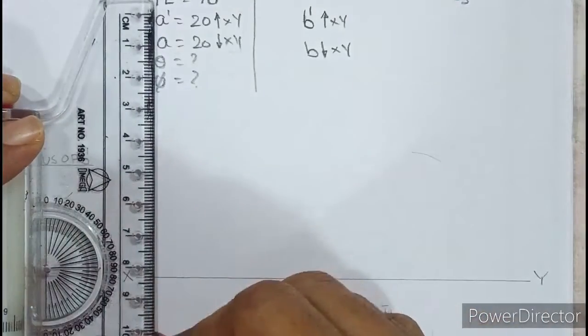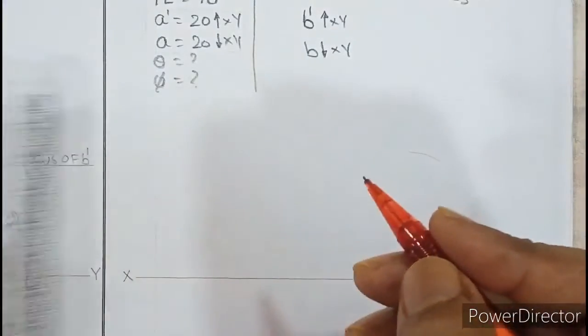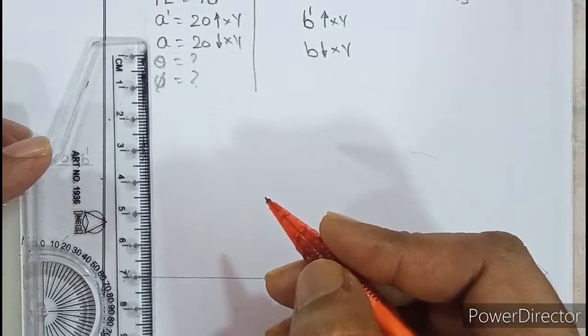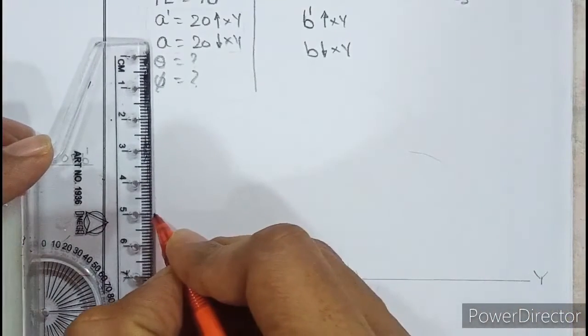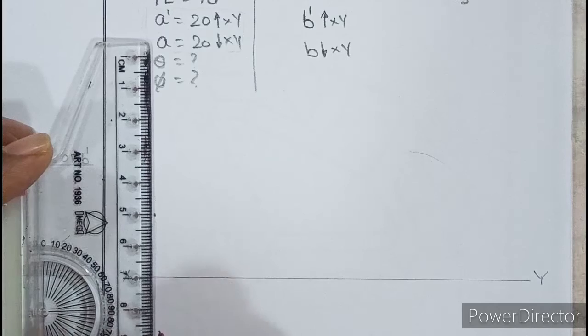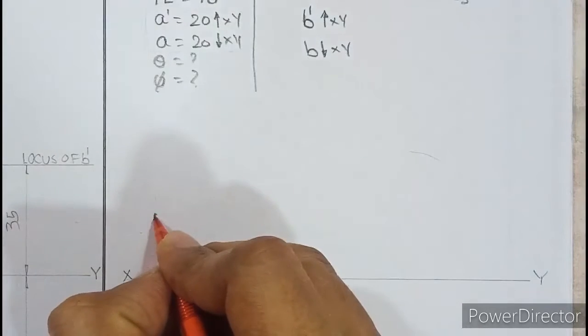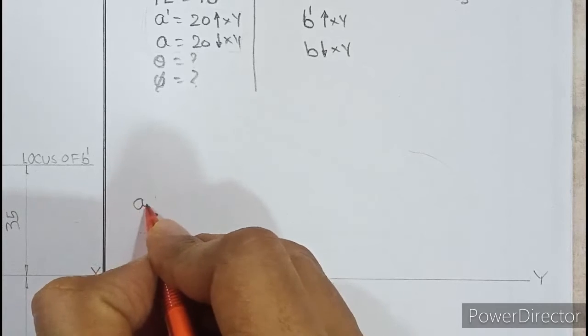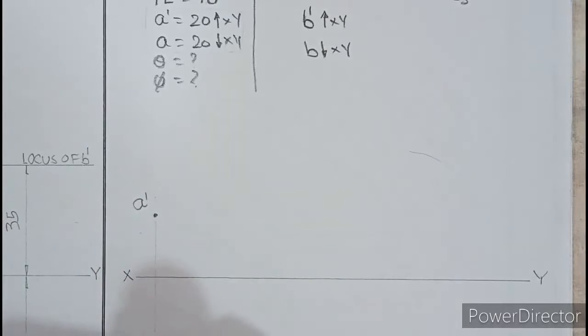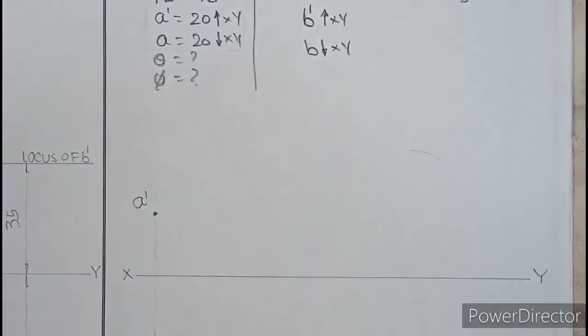A is our fixed point always. Now we need to mark 20 up and 20 down. So 10, 20, here there's a point, and 20 down, here we have the next point. This point, write A dash above on the left side, and this point is small a below on the left side.